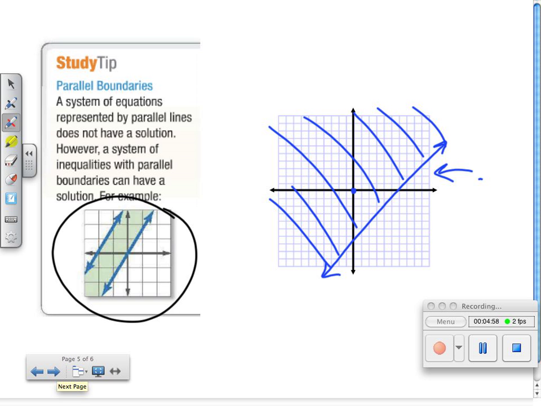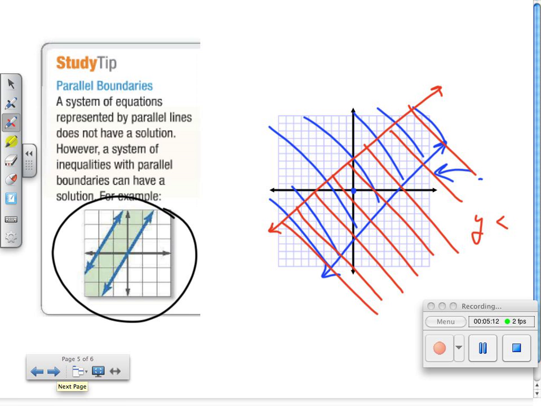And then I had another line here, and it was y is less than something, and I realized that this is the area of intersection. What do they have in common? All of these points. So sometimes, even though there's no intersection of the lines, they will have a region that is a solution for both. So don't forget about that.